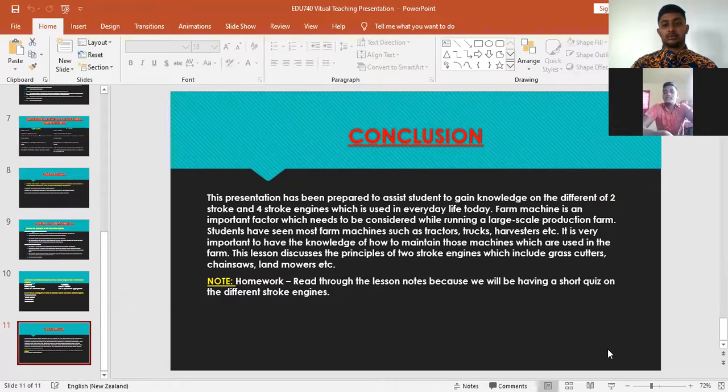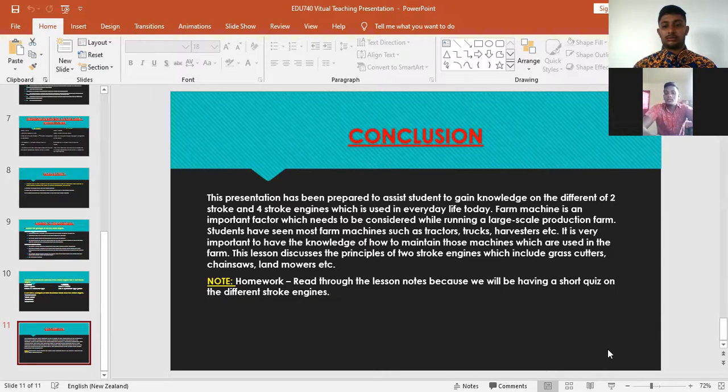The conclusion says the presentation has been prepared to assist students to gain knowledge on the difference of 2-stroke and 4-stroke engines, which are usually used in everyday lives today. Farm machinery is an important factor which needs to be considered while running a large scale production farm.